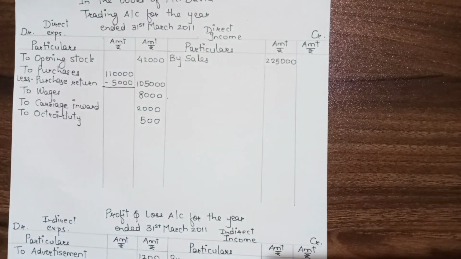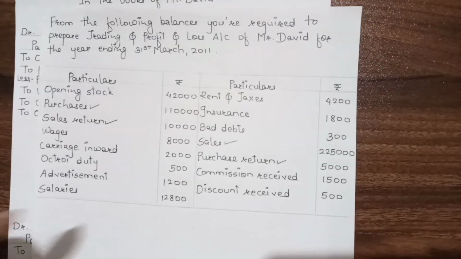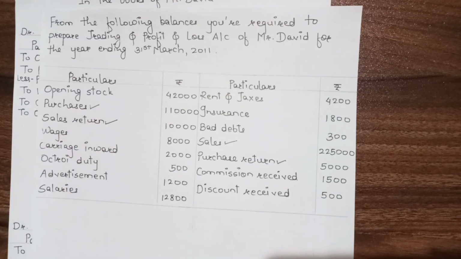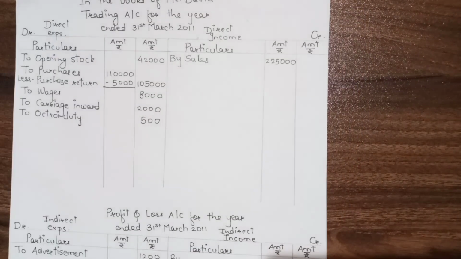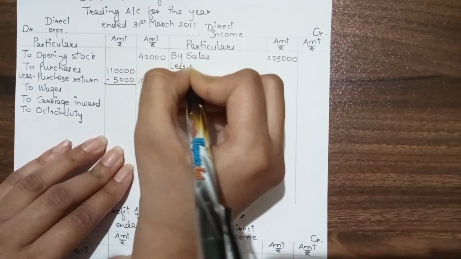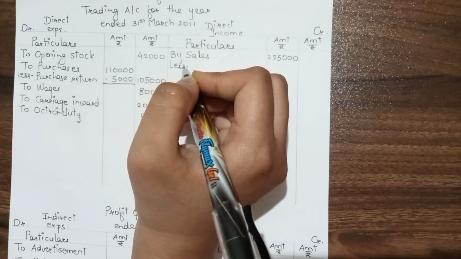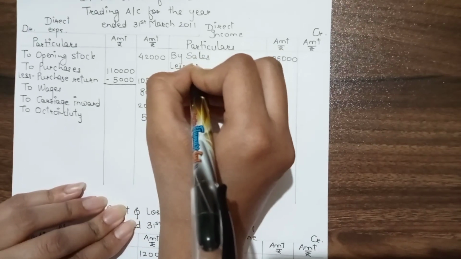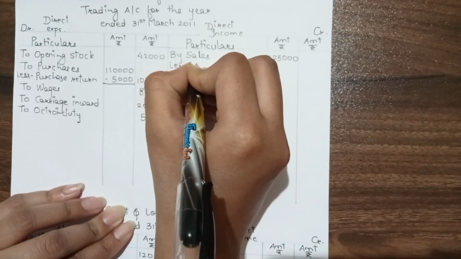Okay. Now the sales adjustment we have to solve. So what do we have to subtract from sales? Sales return. So here we will subtract, less sales return.